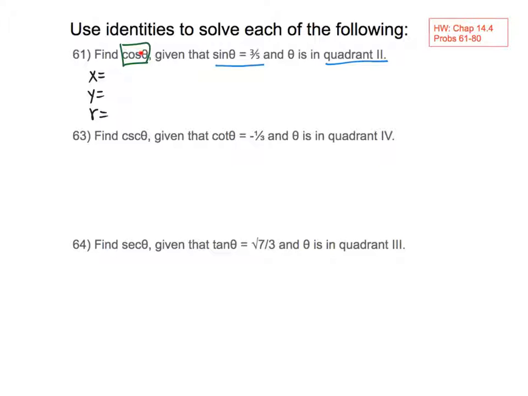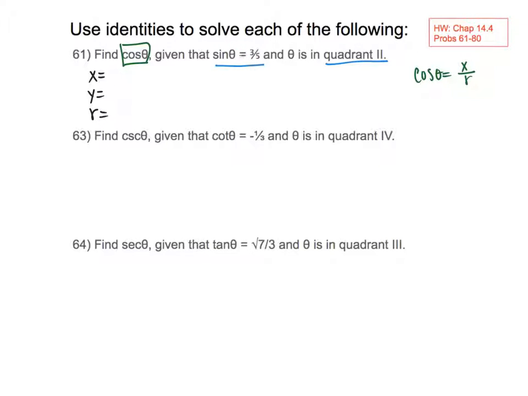Because cosine is going to be, so let me put this to the side here. Cosine that we're going to be finding is going to be x over r, right? So in this case, I need my x value. So let's see what I'm given. So here's sine, right?